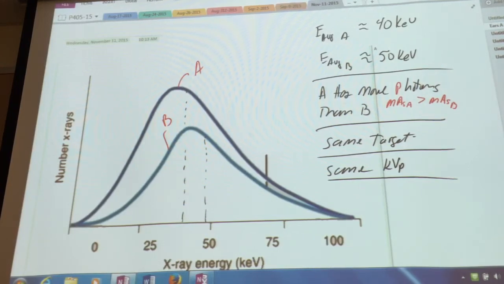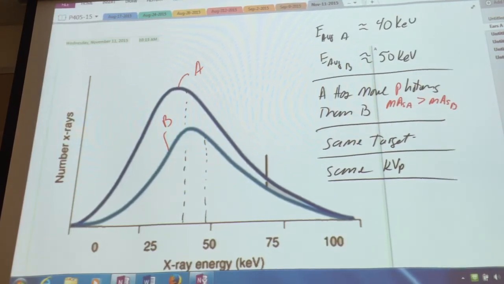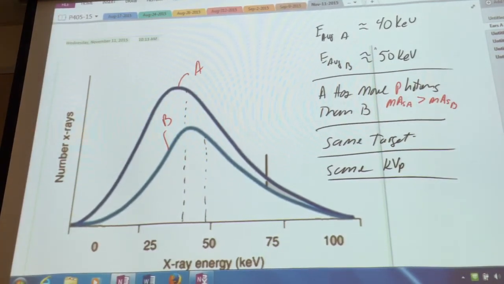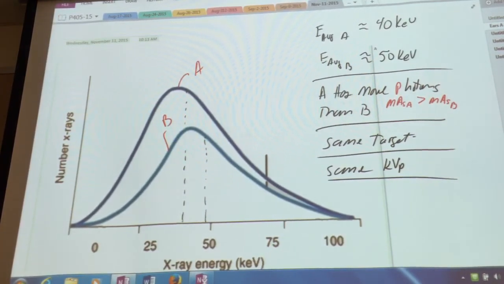How did we go from a higher number of photons to a lower number of photons? The KV got higher or lower? The KVP didn't change. The tube setting of the voltage didn't change. The target didn't change. What did we do to this distribution? What is the significant difference between these two distributions? Less photons. Number of photons and the energy.